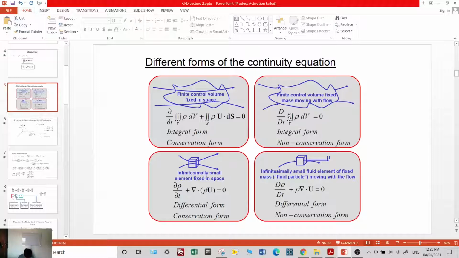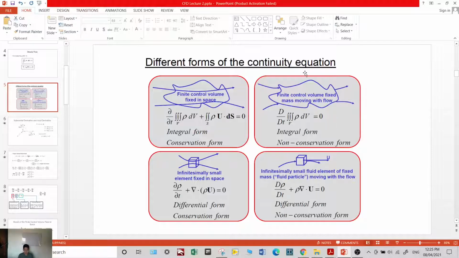So kung moving with the flow and ang imong fluid is assumed as a control volume na same ang iyang amount of mass, no? Wala na change sa iyang mass. And then you evaluate the control volume as it moves with the flow. So kanang model is what you call the Lagrangian description of fluid motion, or the Lagrangian model.